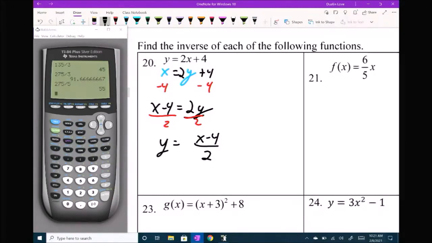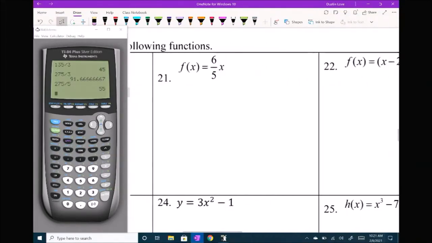And now let's go ahead and distribute out that divided by 2. So we're going to get y equals x over 2, and then negative 4 divided by 2 is minus 2. Now, keep in mind that these two are two different ways of writing the exact same thing. Sorry, I wrote a negative there that should not have been there; that should have been an x over 2. Again, it's just whichever one is going to be on the answer choices. But remember, you can distribute that 2 if you need to.